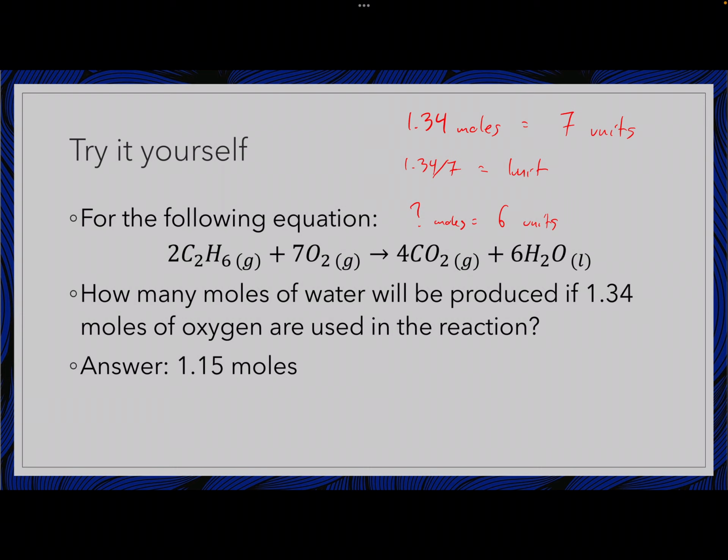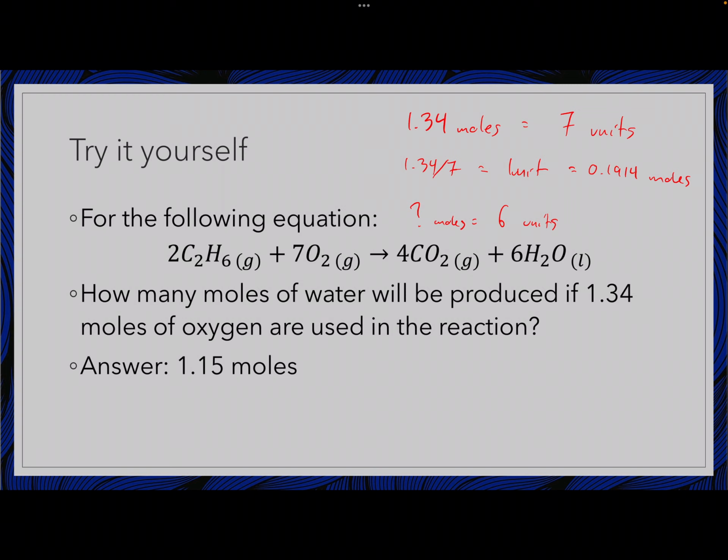Let me just pop that into my handy calculator. 1.34 divided by 7 comes out to be 0.1914. So that's the value for 1 unit.